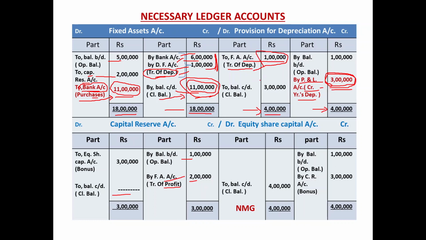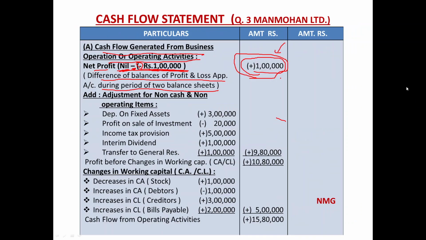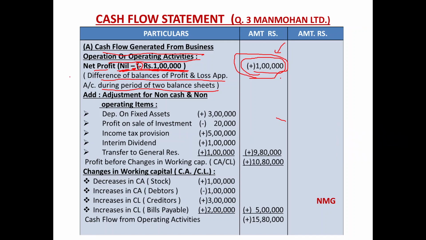So let us give these three impacts: 2 under title B, investing activities, and 1 depreciation under title A as a non-cash item. Have a look. Title A. Net profit, we already decided rupees 1 lakh.